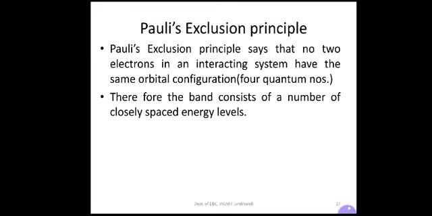Now for any value of n, L must be from 0 to n minus 1. So remember, for any value of n, the L value must be from 0 to n minus 1. For example, for n equal to 2, L will be 0 and 1. Now for any value of L, M will be minus L to plus L, including 0.